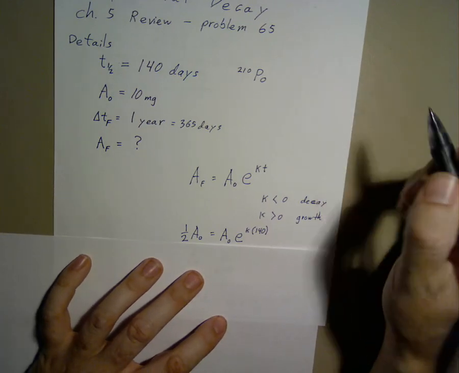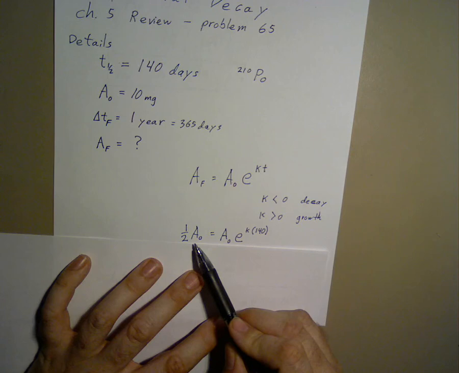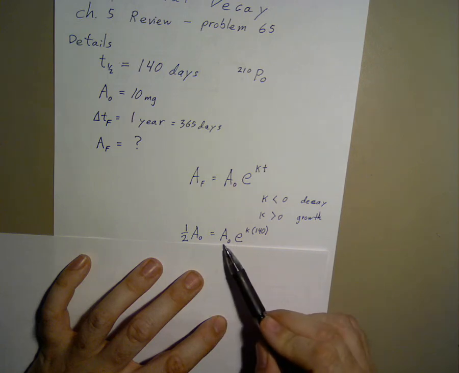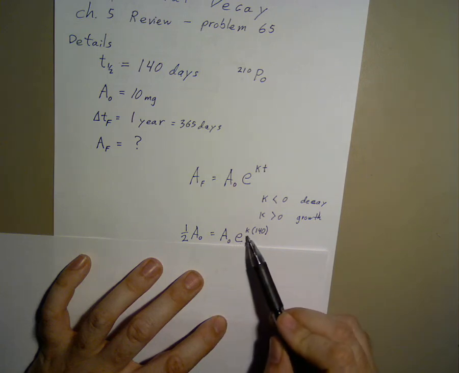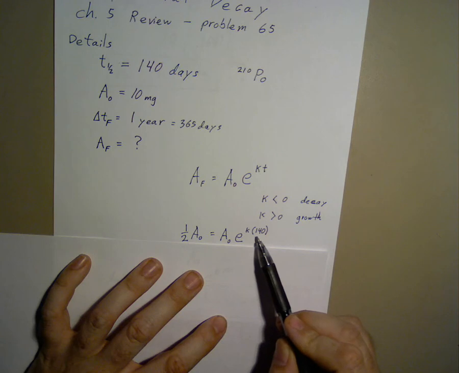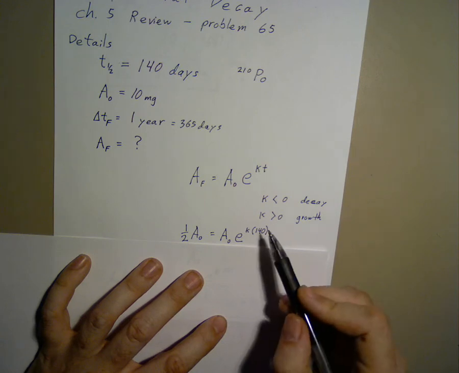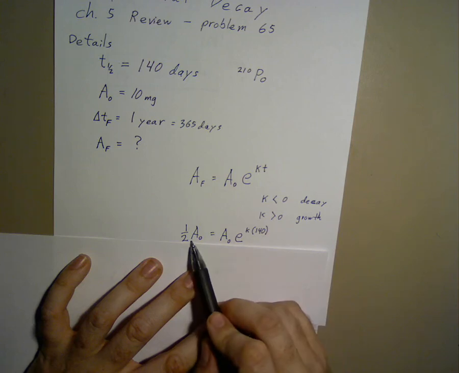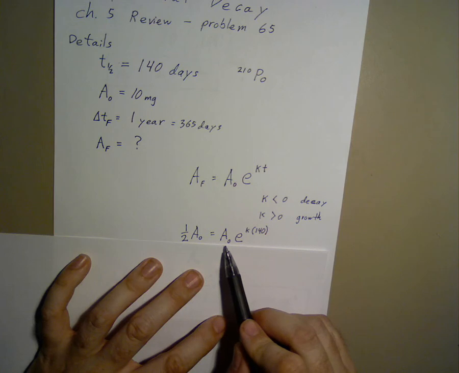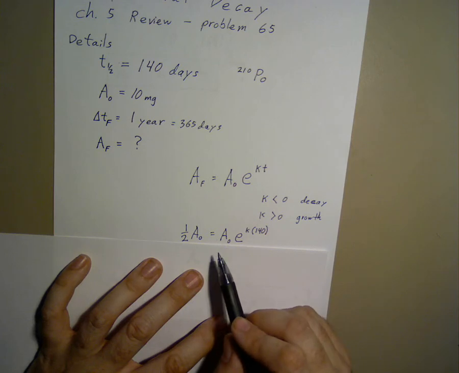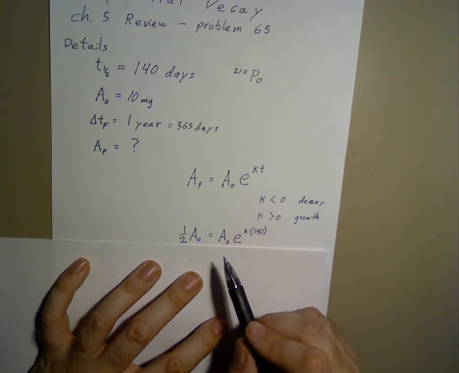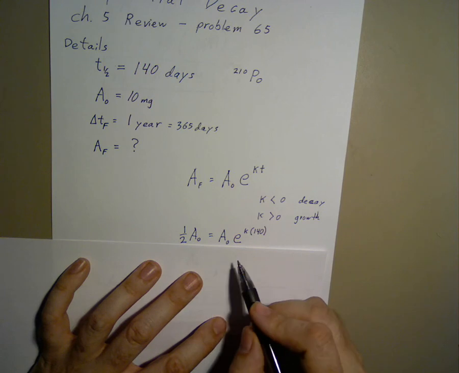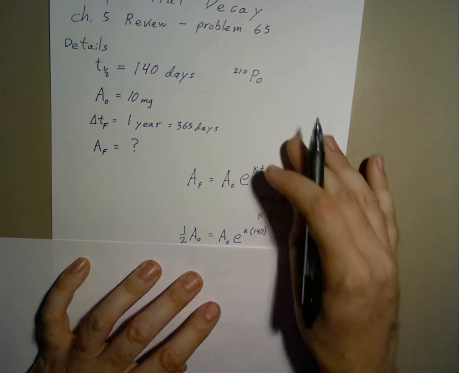So we start off with 1/2 of A naught equals A naught times e to the power of k times 114. I set time equal to 114 and A final equal to half of the original. What half-life means is that after that amount of time, we have half of the original material left.